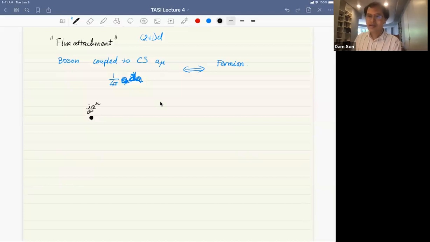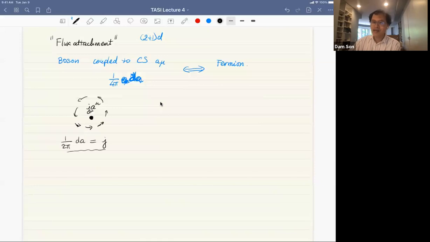And when it is coupled to the Chern-Simons gauge field, it's possible to solve the equations for A. You have 1/2 pi dA equal to J. That means if I have a particle at rest, it creates a magnetic field, like a solenoid. This equation tells me that the magnetic field is concentrated at the center.